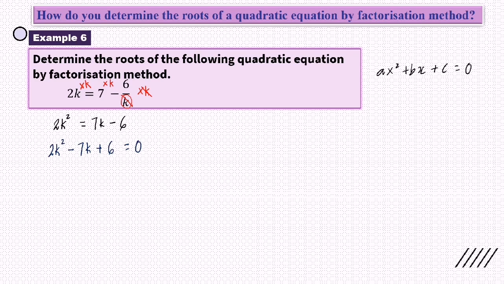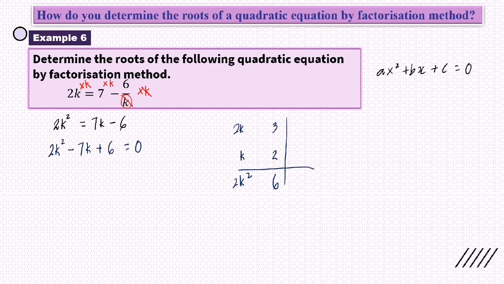Okay, so now again we do the factorization. 2k squared, 6. Okay, so 2k multiply k. And 6 is, we try 3 times 2.